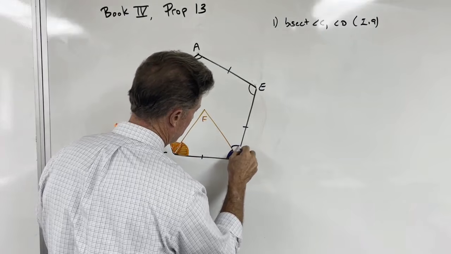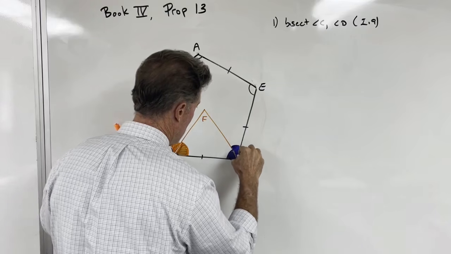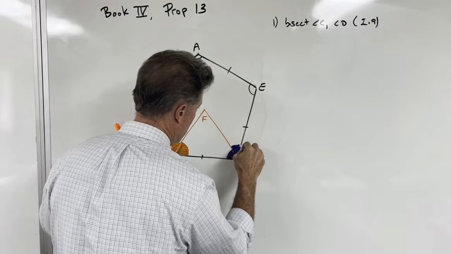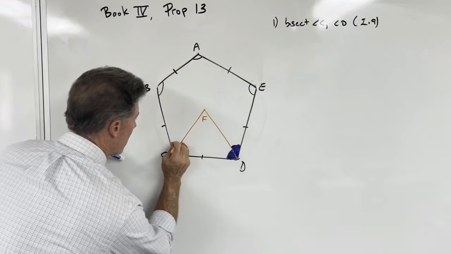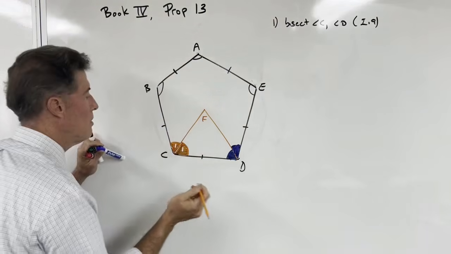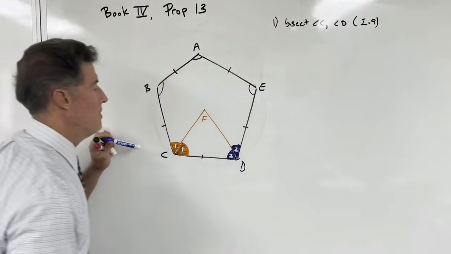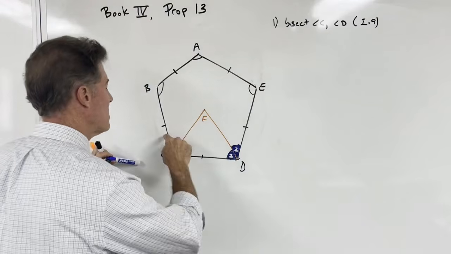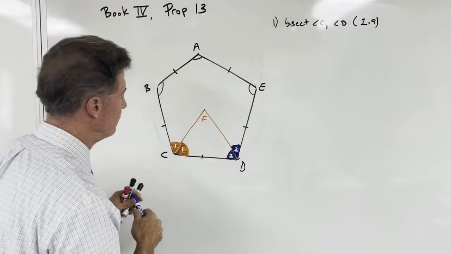Because we bisected them. All right, so let's give those an easier designation. Let's call this angle 1. Obviously, these are both equal. We'll call this angle 2. And obviously, both of those are equal. And so this whole angle is double angle 1. This whole angle is double angle 2.